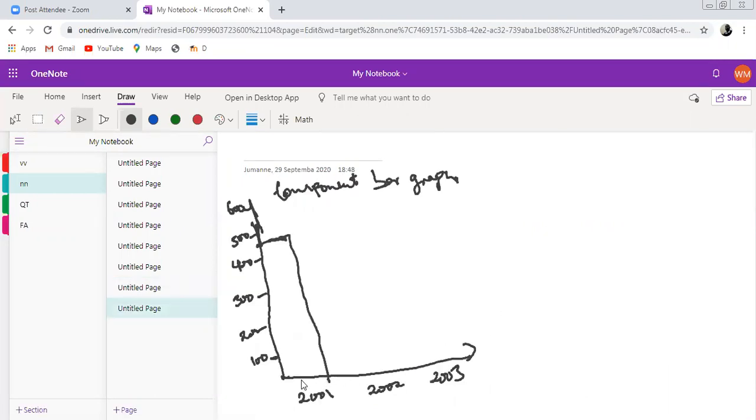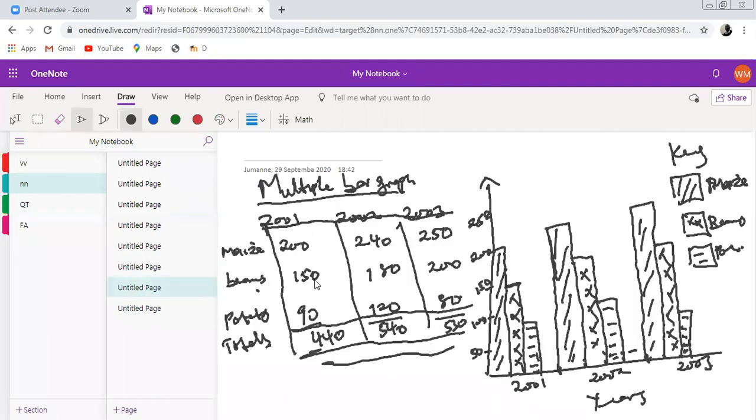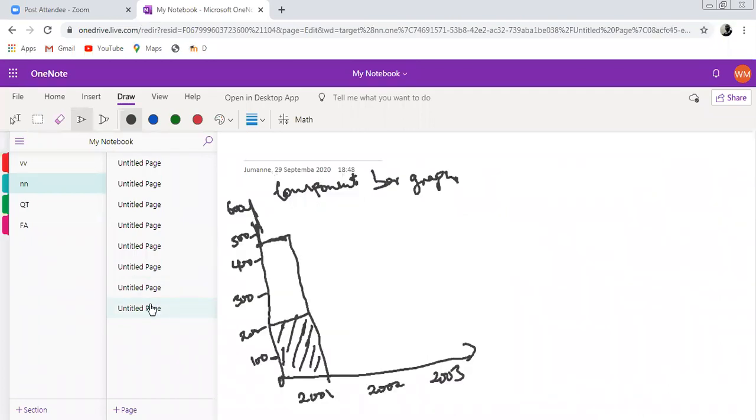You will come here from where we have our 0, you locate 200, and you say that this is the maize. That is the component for maize. Then beans was having a production of 150. So you will come here. After doing the 200 for maize, you can add 200 plus 150. It is going to be 350. So it is somewhere there.